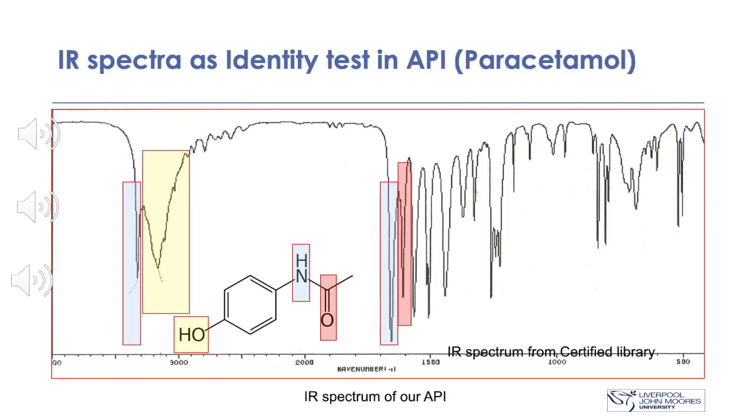Here we can see that the different bands that correspond to the different functional groups in paracetamol appear very clearly in the IR and match with the certified spectra we obtain from the library. The hydroxyl has a very prominent peak, a very broad one. Then we have the amine, which is part of the amide, and this shows two peaks actually.